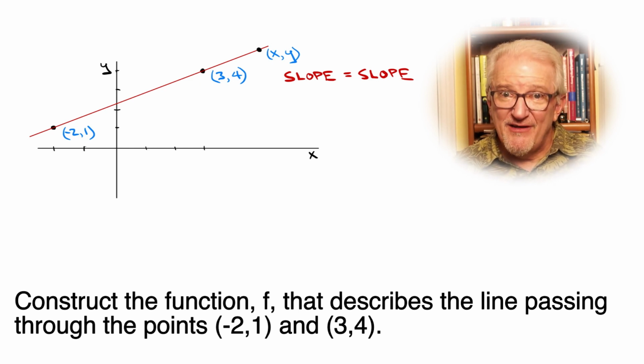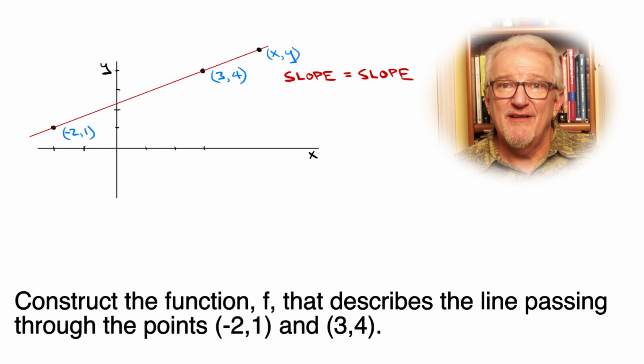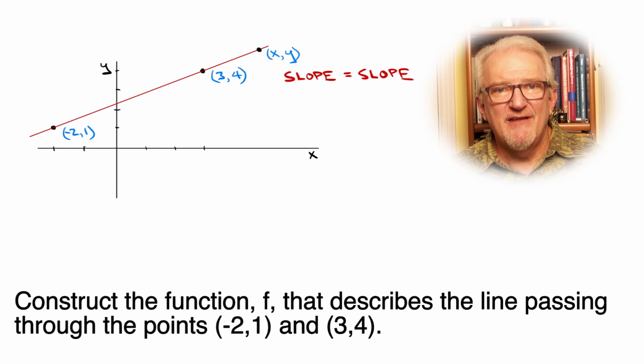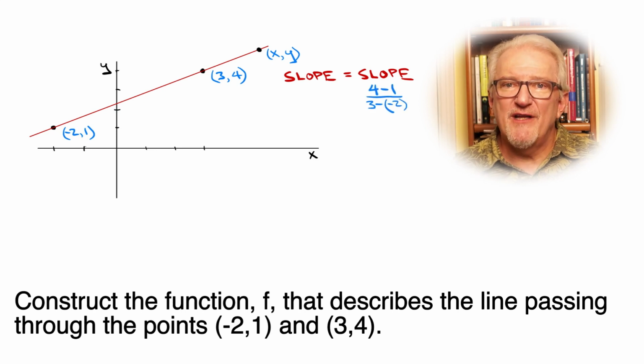In this example, we can calculate the slope, the difference in y values over the difference in x values, using the points (3, 4) and (-2, 1) to get (4 minus 1) divided by (3 minus -2).